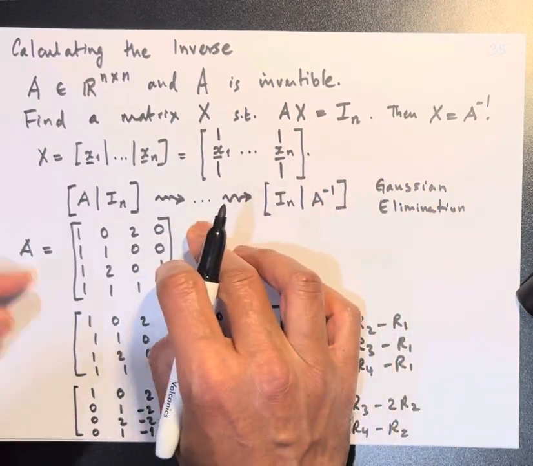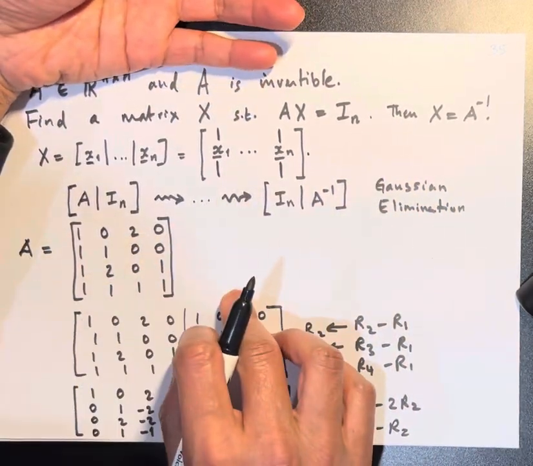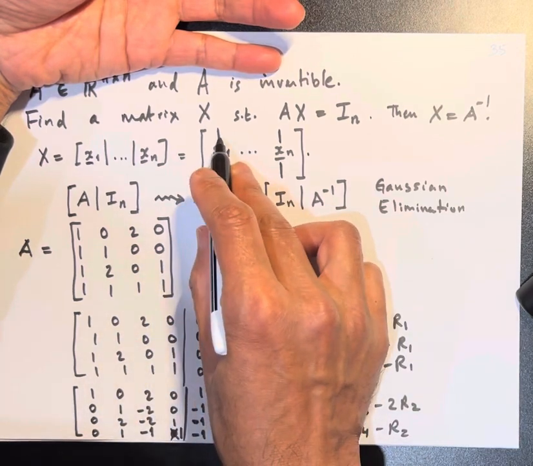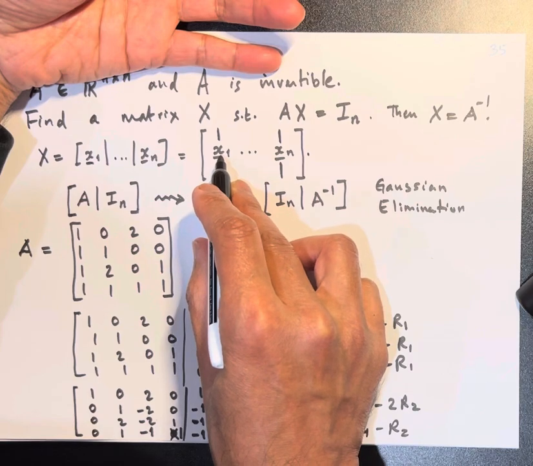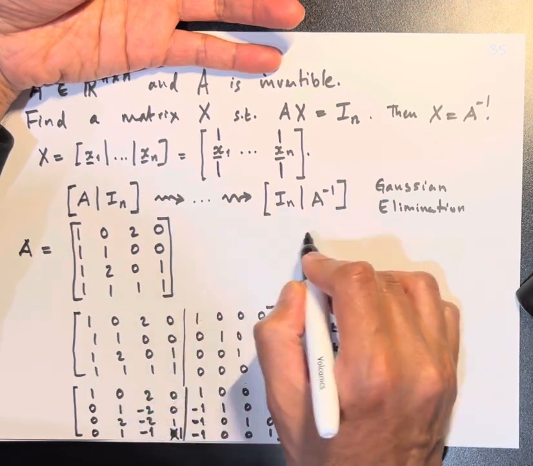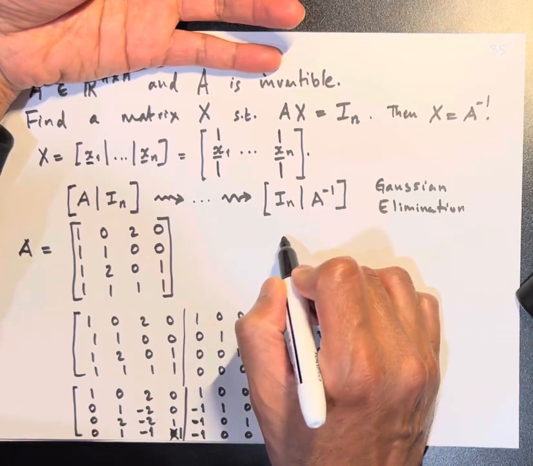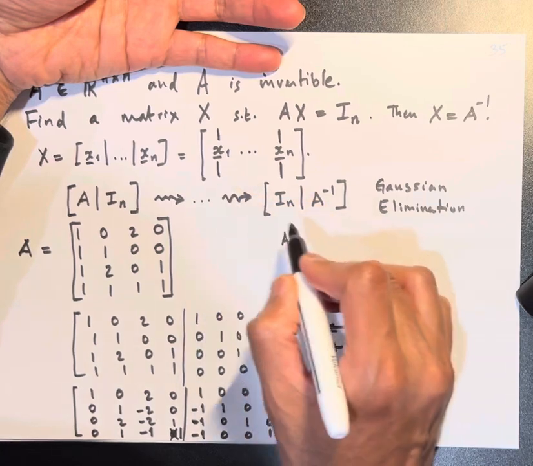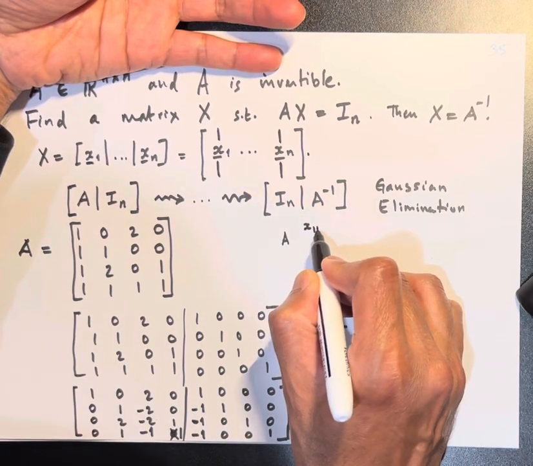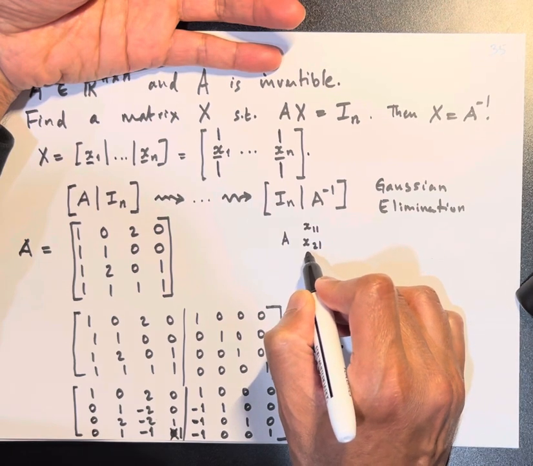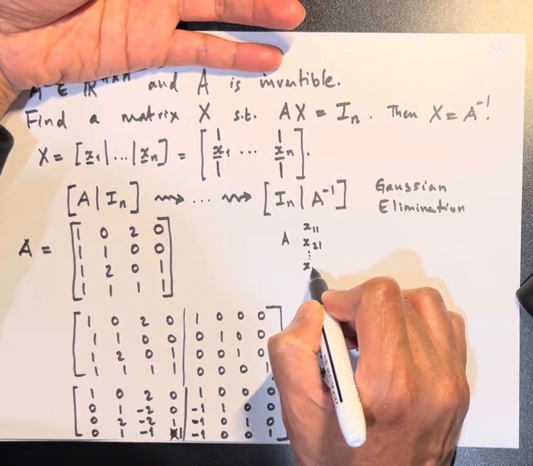So what do I mean by that? If I take this A matrix and I multiply by this x11, x21, x31 up to xn1, so let me write it here. So this A matrix, and then I have this first column that I'm taking. So that is x11, x second row first column, and then x nth row first column.